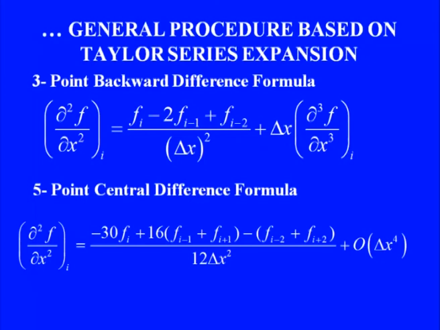We can also find a one-sided formula, a 3-point backward difference formula, by taking the values at points f_i, f_{i-1} and f_{i-2}, and in this case our truncation error involves terms of order Δx. So this 3-point one-sided difference formula, which we can get using this general procedure, has first order accuracy. We can also obtain higher than second order formulas using this Taylor series expansion.